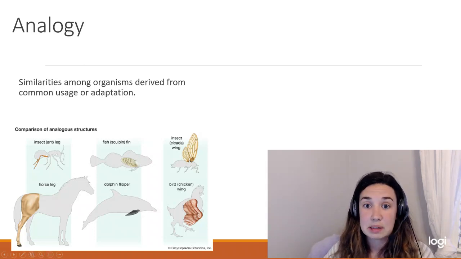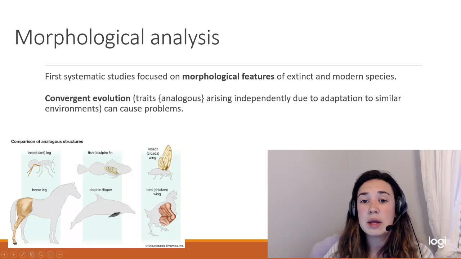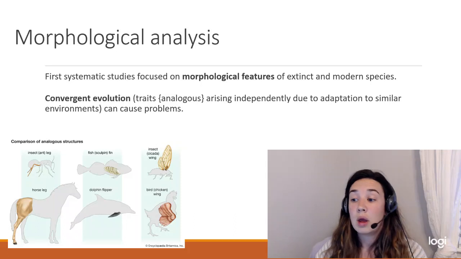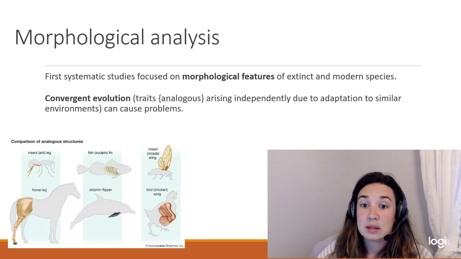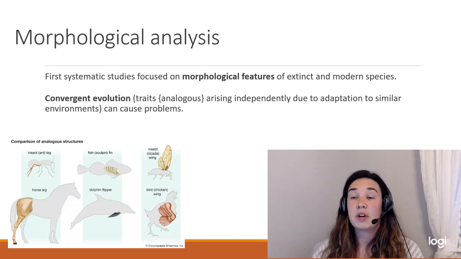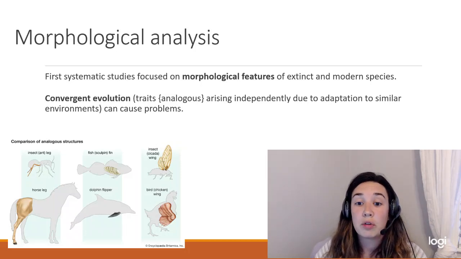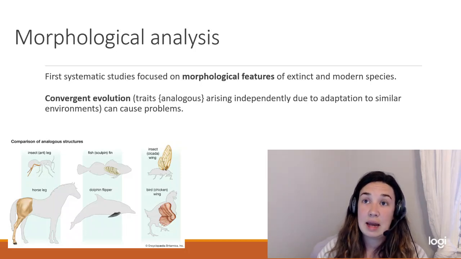Okay, so we also have morphological analysis. When we talk about morphological analysis, the first systematic studies were focused on morphological features of extinct and modern species.